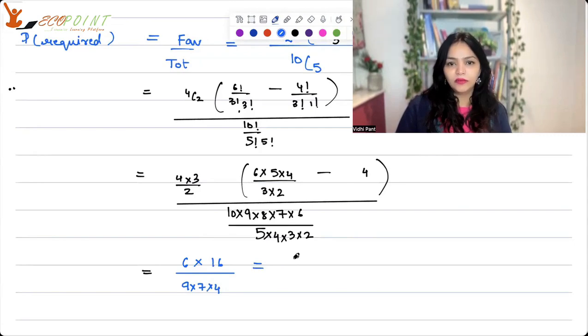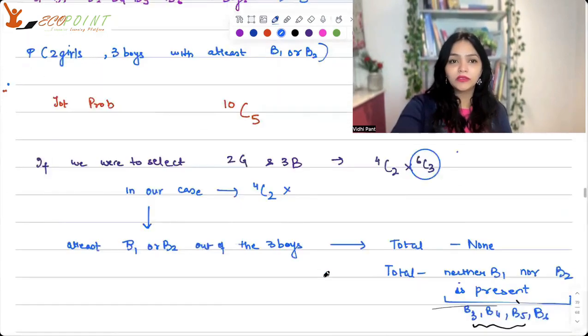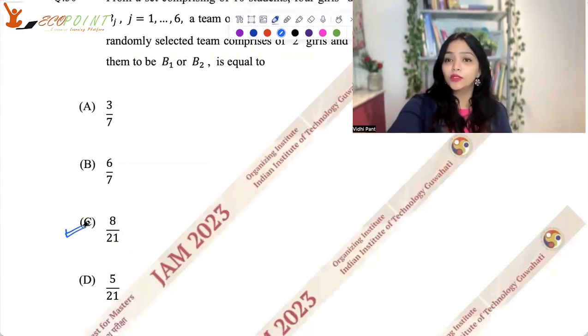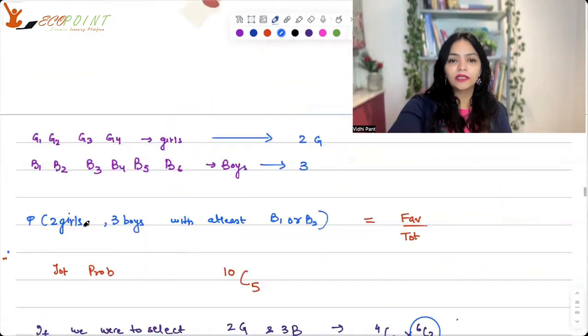And that will give you, if you cancel out things now, 8 upon 21. Let's see if we have any option which we can relate to. Yes, we do have an option which you can relate to. It's 8 upon 21. Option C. That should be the correct answer.